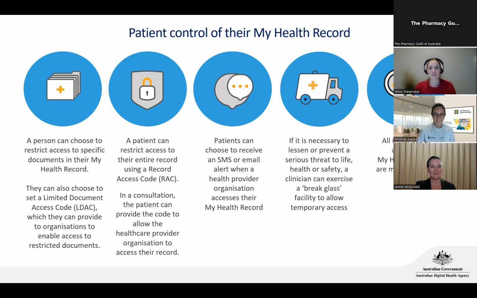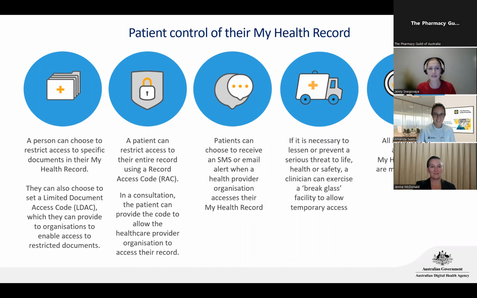Another control that they can apply is if they wish to restrict access to their entire record. So it might be an individual that's perfectly happy with having My Health Record. They want information to be available in their record to support, I guess, provision of care to them when they visit their healthcare provider, but they may want to have a say in terms of who can actually view their information.